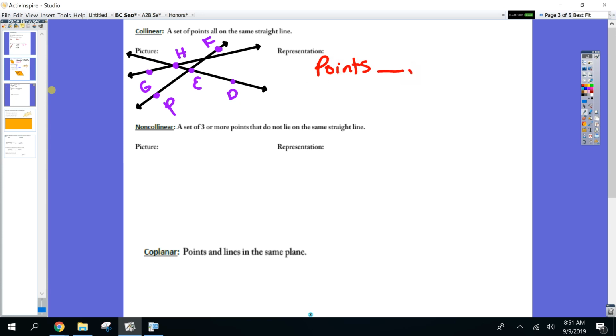So points blank, blank, and blank are collinear.